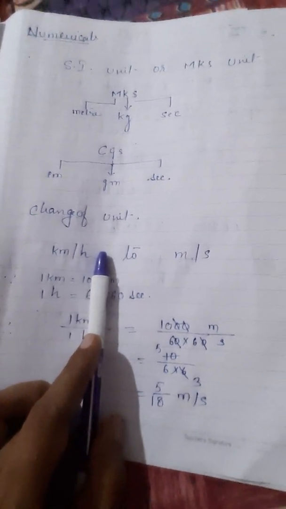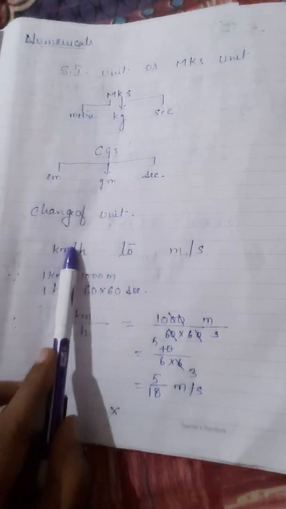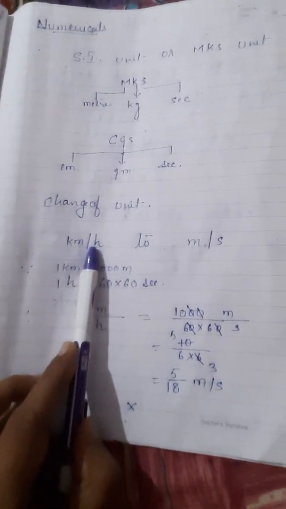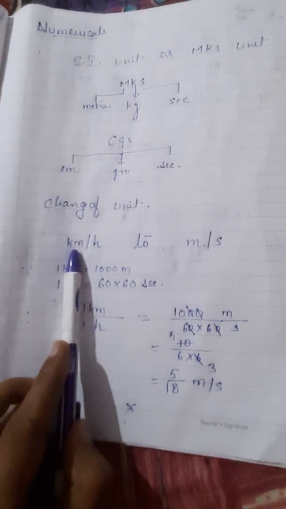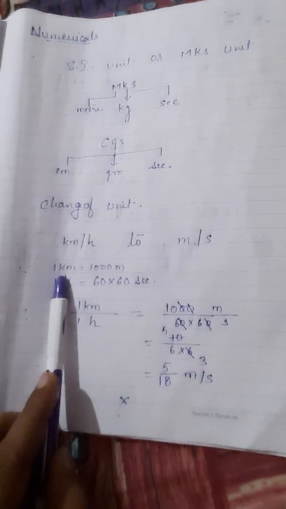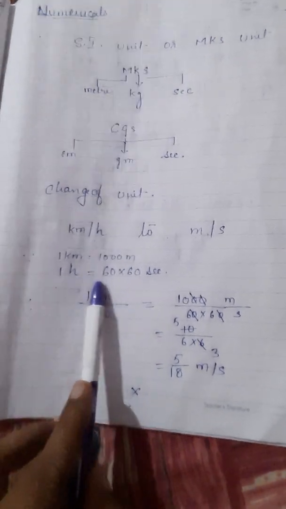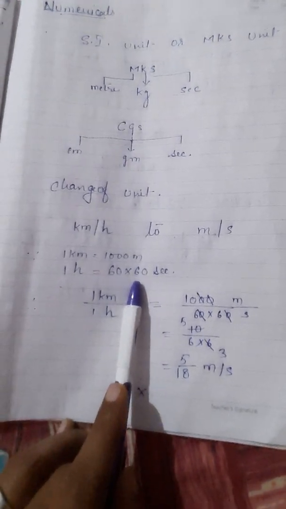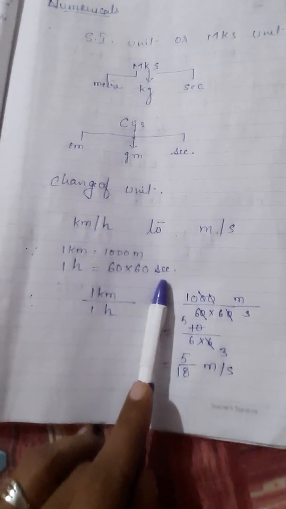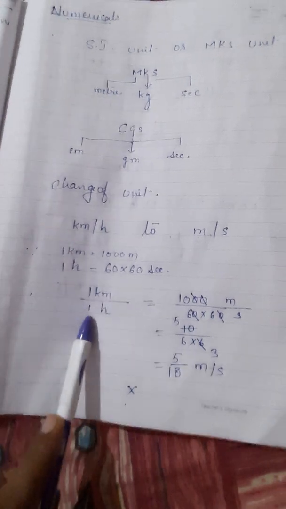So for that, we will learn how to change units. Suppose I need to change the unit of velocity from kilometer per hour to meter per second. As we know, 1 kilometer equals 1000 meter and 1 hour equals 60 minutes into 60 seconds. So let us convert 1 kilometer per hour.